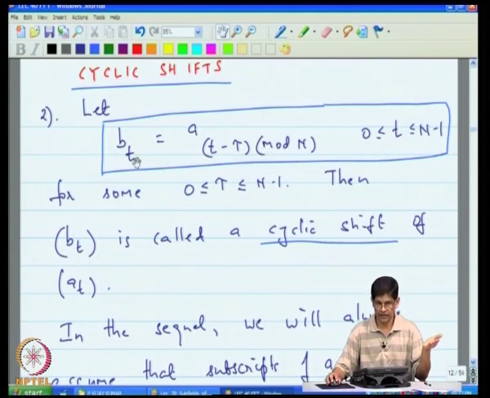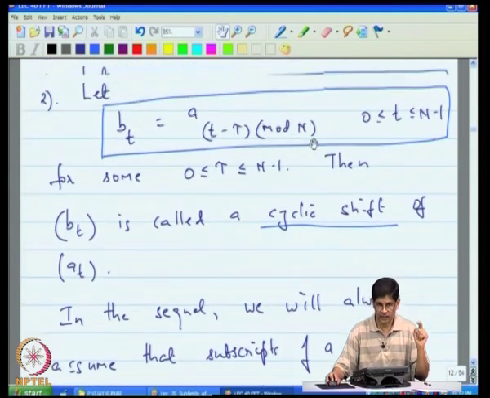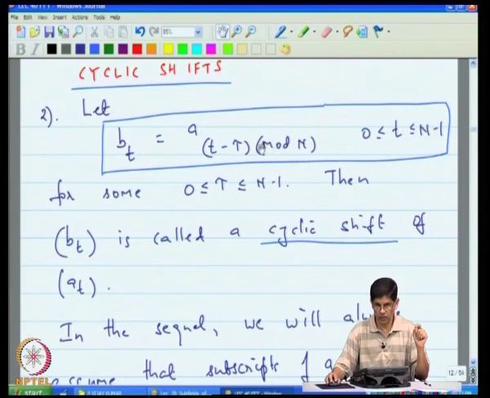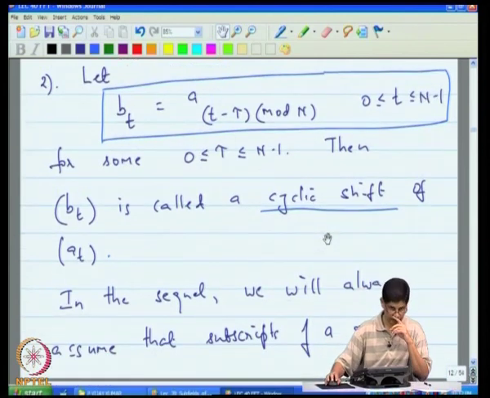That is, the t-th element here is the (t minus tau)-th element of A. Now, one point to note here is that when you subtract t minus tau, you are doing this modulo n. That is important, because without this modulo n, it would simply be a shift. But because it is mod n, it is called a cyclic shift.